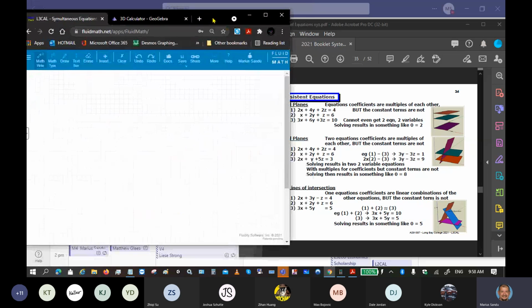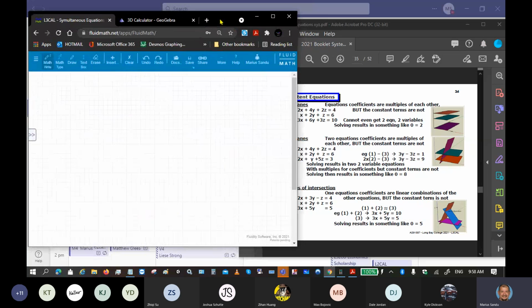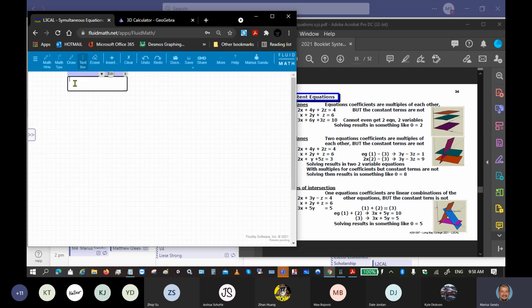So I've got 2x plus 4y, 2x plus, so wait. So we call this inconsistent equations.